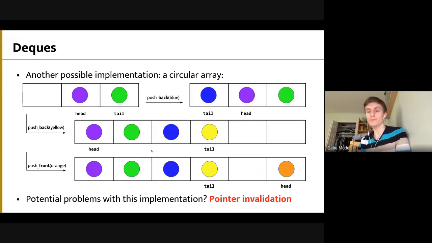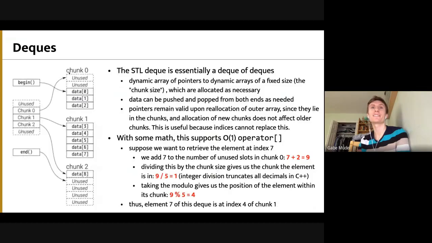So there's actually a better way to implement a deque, and it's kind of a weird looking thing. This is how C++ implements a deque, and it basically uses things called chunks.